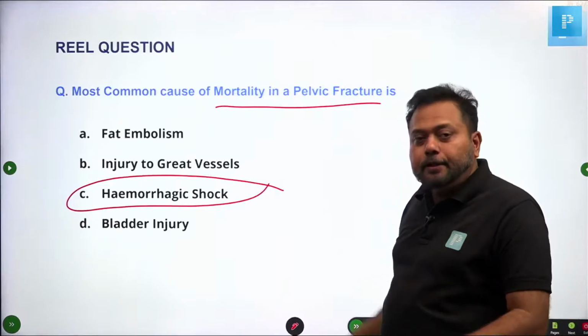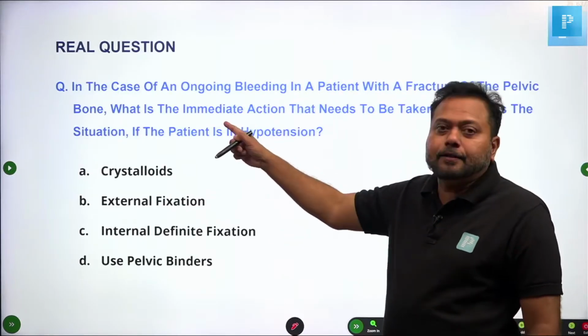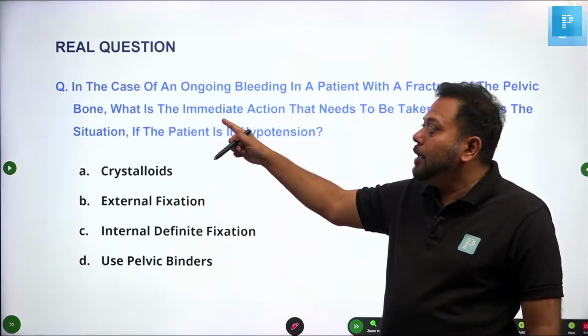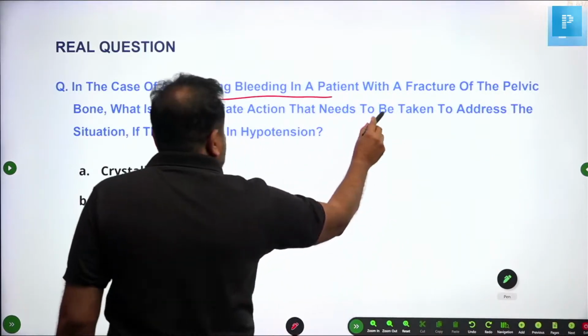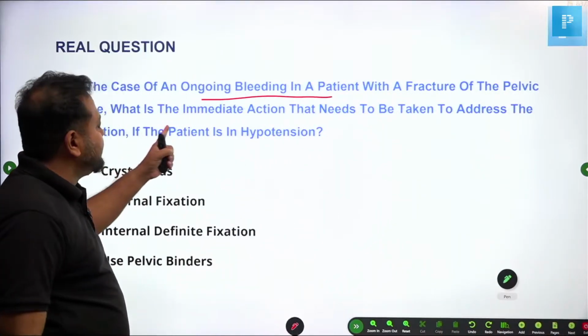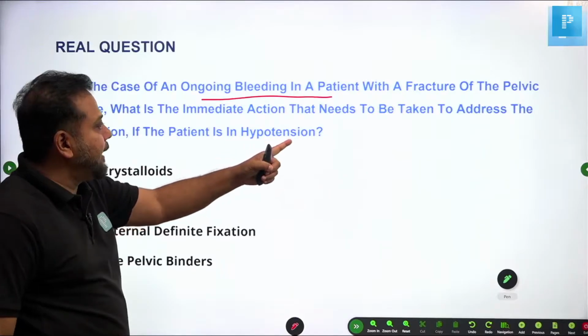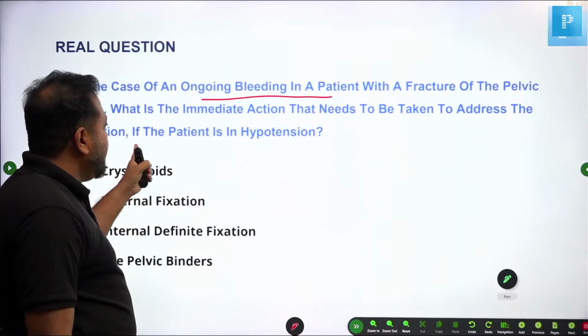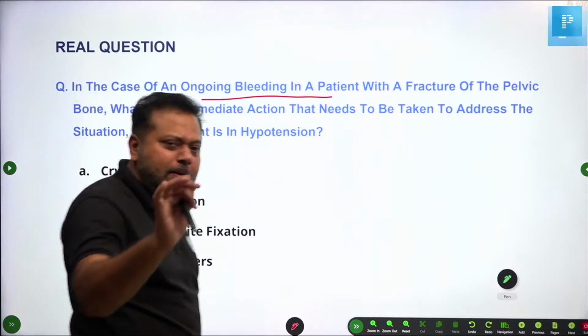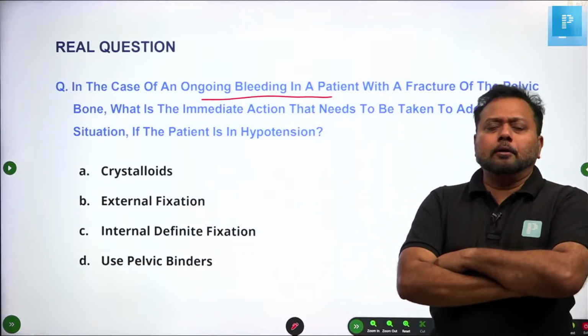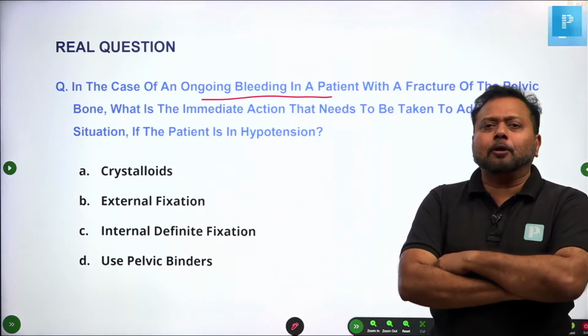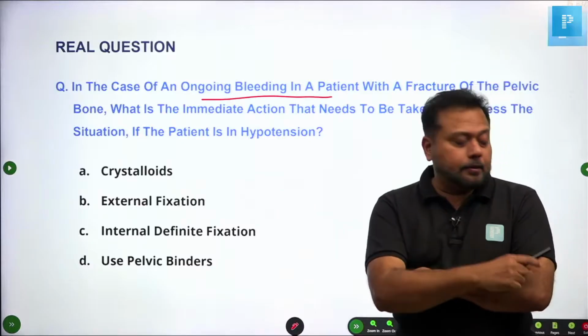This is the question I have framed. Now this is the real INI-CET question. In case of ongoing bleeding in a patient with fracture of the pelvic bone, what is the immediate action that needs to be taken to address the situation? If the patient is in hypotension, what will you do immediately? So this is called the ATLS protocol, Advanced Trauma Life Support protocol. They are obsessed with this.